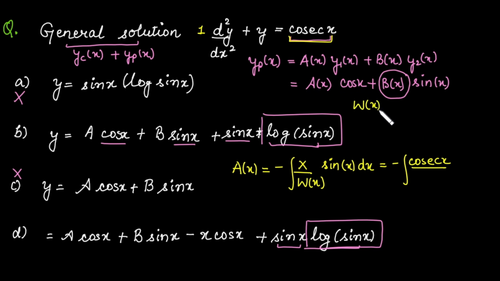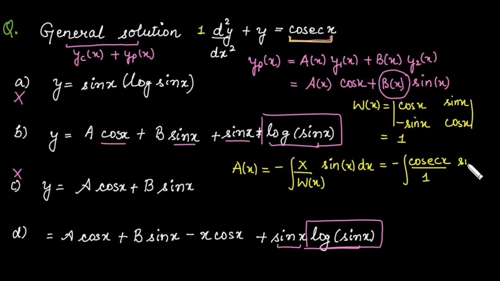The Wronskian is y1 function cos of x, y2 function sin of x, derivative of cos x is minus sin x, derivative of sin x is cos x. This is equal to cos square x plus sin square x, that is equal to 1. So the Wronskian value in this case is 1.